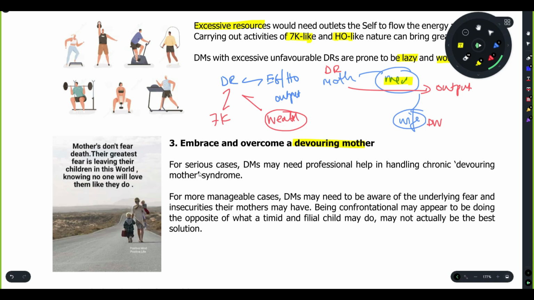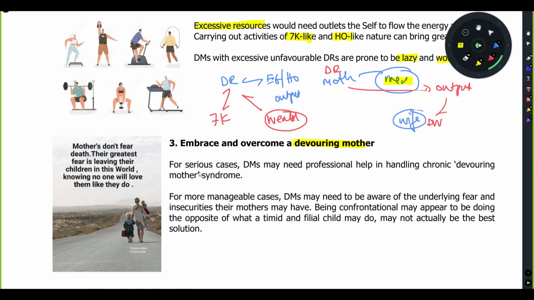When output is severely restrained or controlled, output cannot produce wealth. And therefore here, a devouring mother prevents the men especially from marrying who they like. This is to appease the mother.